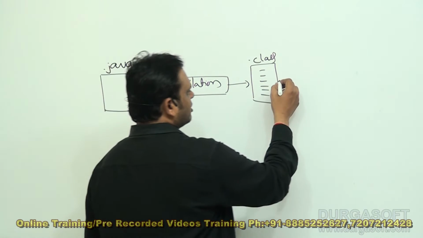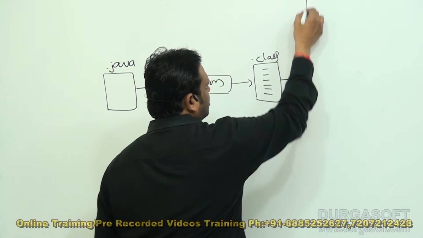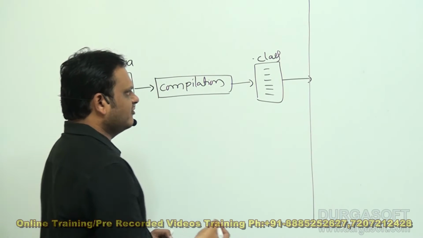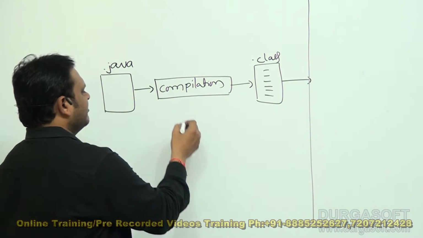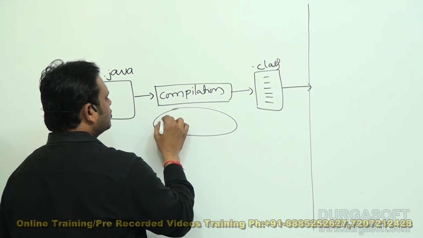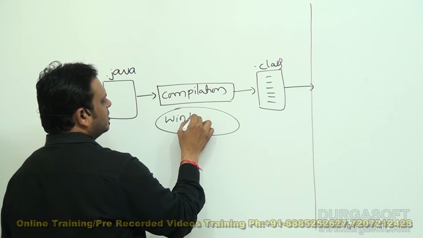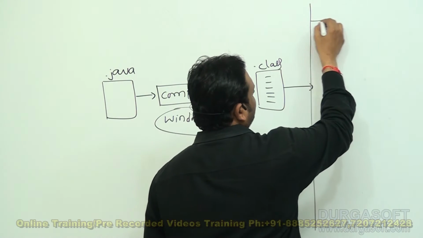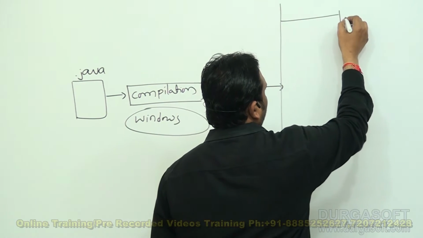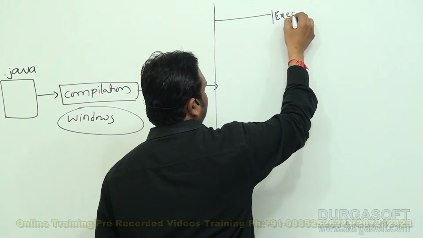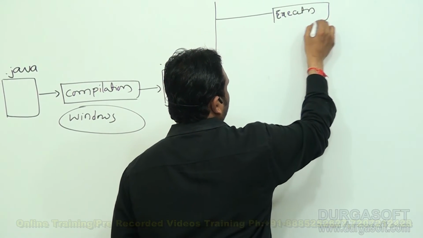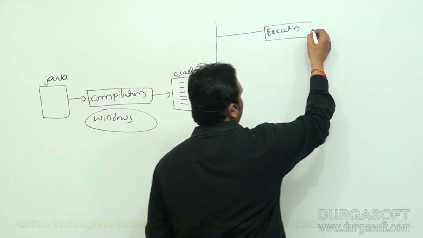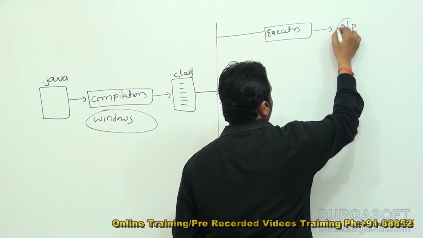After getting this .class file, I want to run this .class file in n number of operating systems. For compilation purpose, I am going to use Windows operating system, and for execution purpose, I want to use different operating systems. Now here, I want to go for one execution process. This is one execution process. Here, I want to get output.